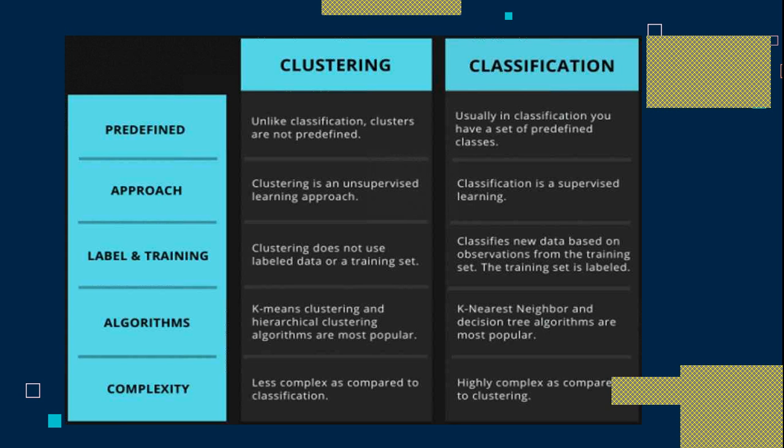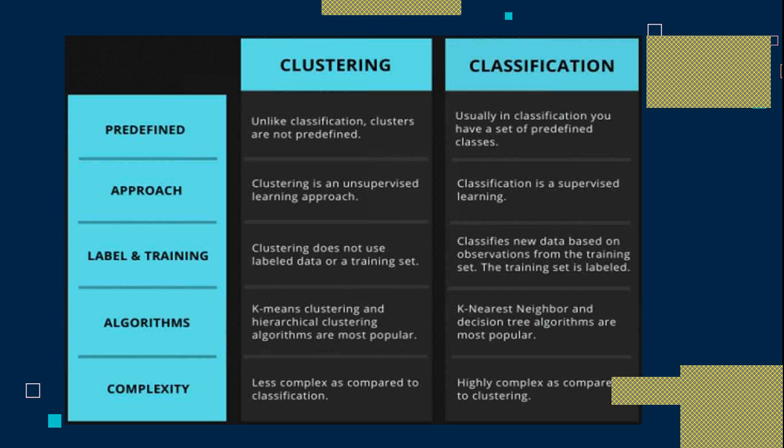So again, in clustering, unlike classification, the clusters are not predefined. While in classification, the classes are predefined. Boy is a class, girl is a class, male is a class, female is a class. So you have the predefined classes.